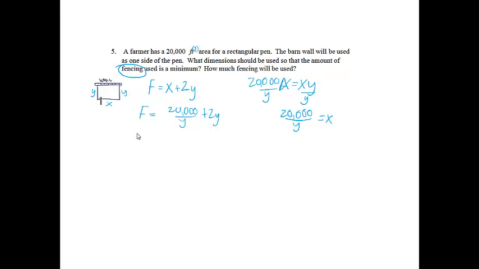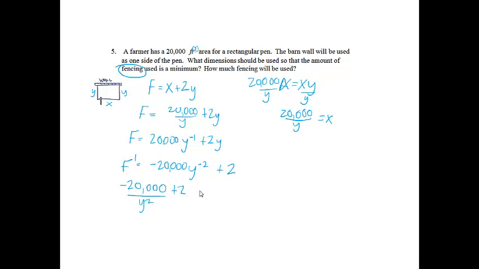From here we're going to take the derivative, but I'm going to rewrite this as 20,000 y to the negative 1 plus 2y first. Now if I take the derivative, I'll get negative 20,000 y to the negative 2 plus 2. I'm going to simplify that one more step. I'm going to bring my y down to the bottom, so I'll get negative 20,000 over y squared plus 2.